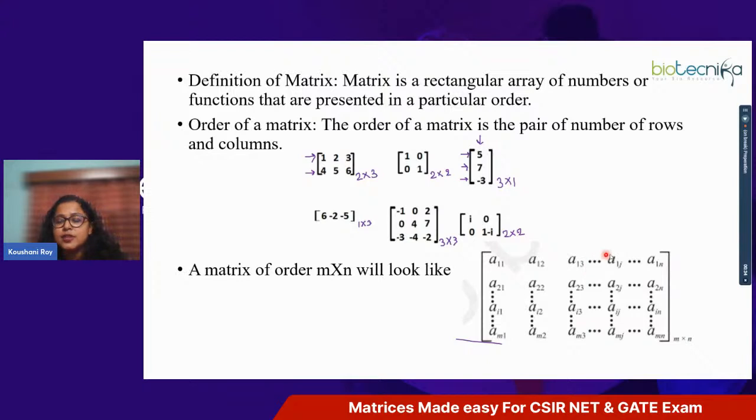To decide what the rows and columns are, horizontally we get 1, 2, 3, 4, so m rows are here, and checking vertically, there are 1, 2, 3, 4, 5, going up to n. So n is the column number. The order of the matrix is m cross n, and this is the generalized representation of the matrix.